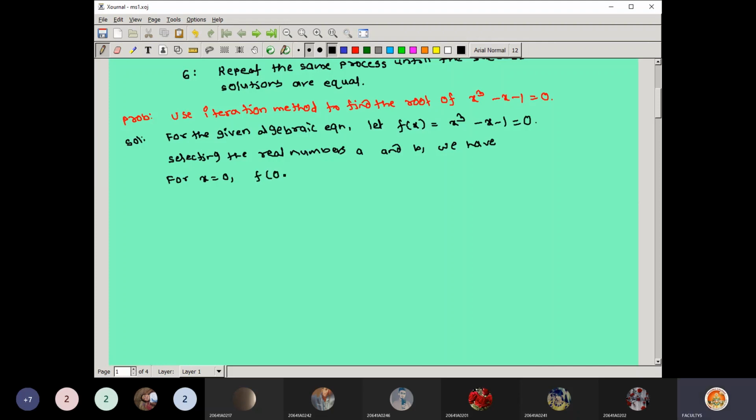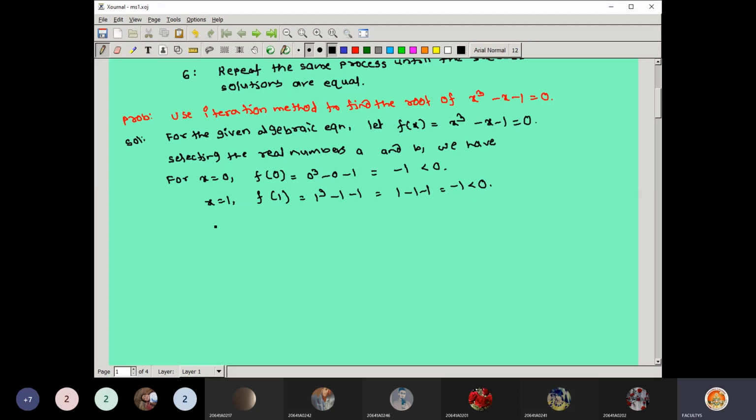f of 0 equals 0 cube minus 0 minus 1, so finally you get minus 1, which is less than 0. Next, x equal to 1: f of 1 equals 1 cube minus 1 minus 1, so 1 minus 1 minus 1, again minus 1, which is less than 0.